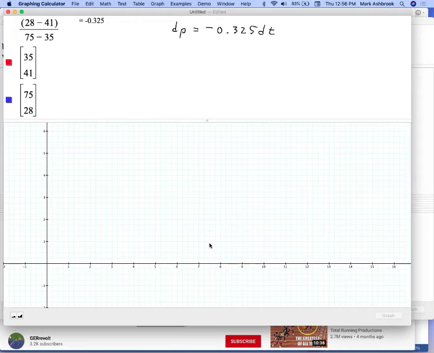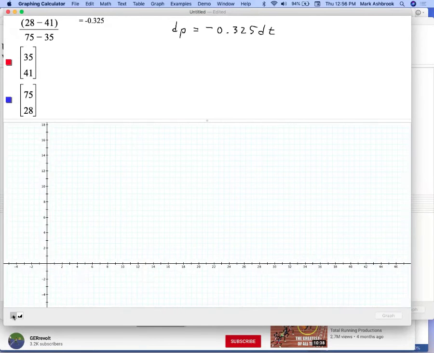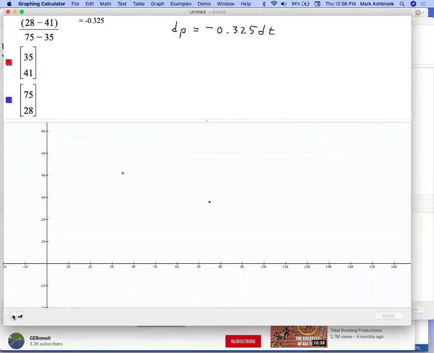It's vertically from 1 to 6, horizontally from 1 to 16. So we can't see these points. Down here in the lower left-hand corner, you've got zoom in and zoom out. So we want to zoom out. That's the little mountains there. And that's a good window for these points. So now it's showing in red our first point, blue our second point.